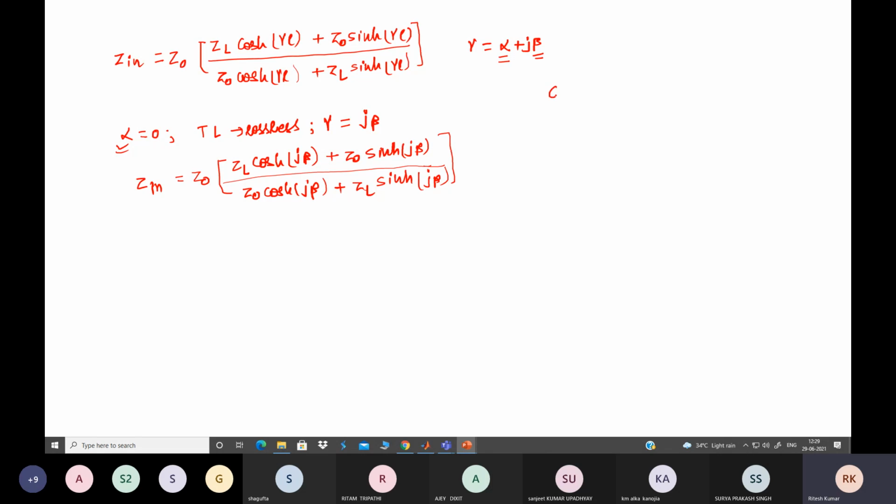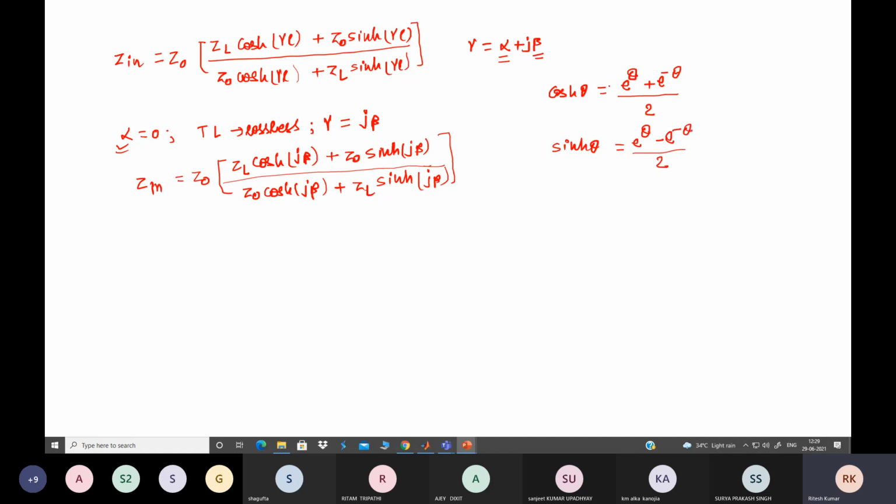We know this relation. Suppose cosh theta, what is its formula? It is e to the power theta plus e to the power minus theta divided by 2. Similarly, sinh theta is given by e to the power theta minus e to the power minus theta divided by 2.